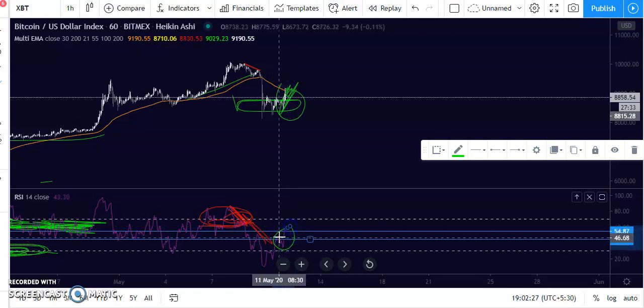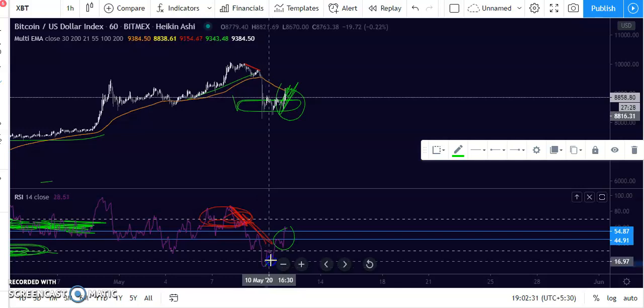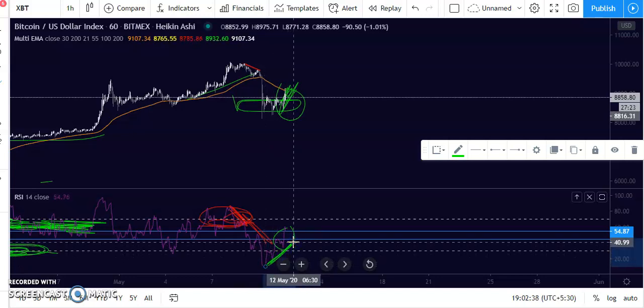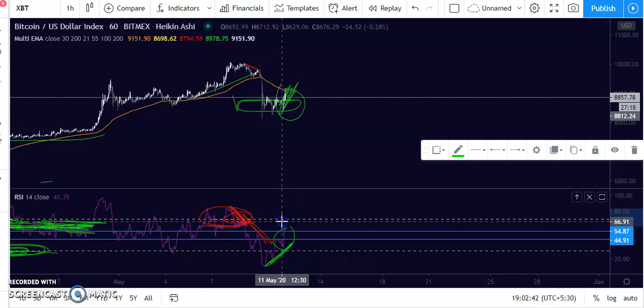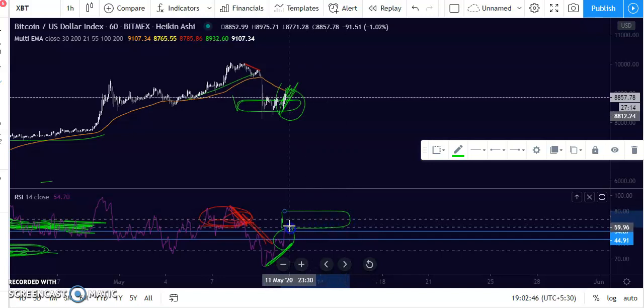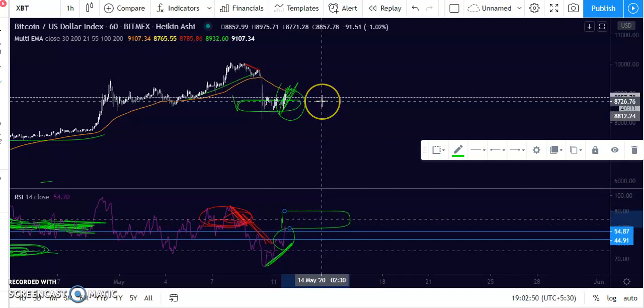So that means what? Bears lost their power. Now bulls are taking control, and we saw a higher high in RSI. That's a clear indication that, boss, you got a green light now. You can go for a long position, but wait for the price to close above this 200-day moving average.